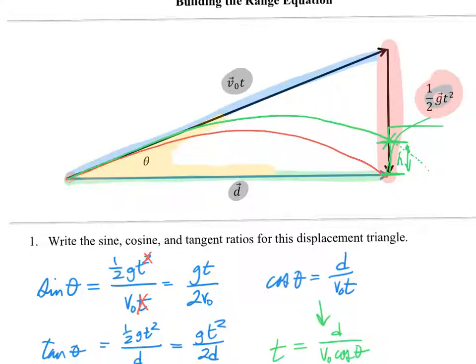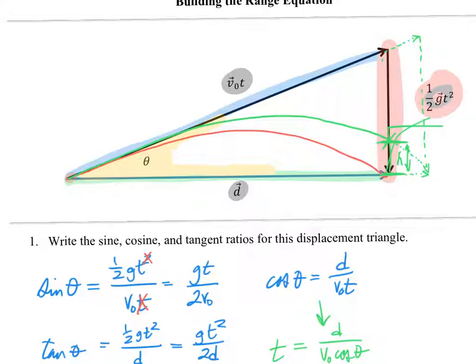Because obviously, if it wasn't for something being in the way on that green path, wouldn't it go farther? And that triangle would be something more like this. Okay? And your range would be a little bit longer.